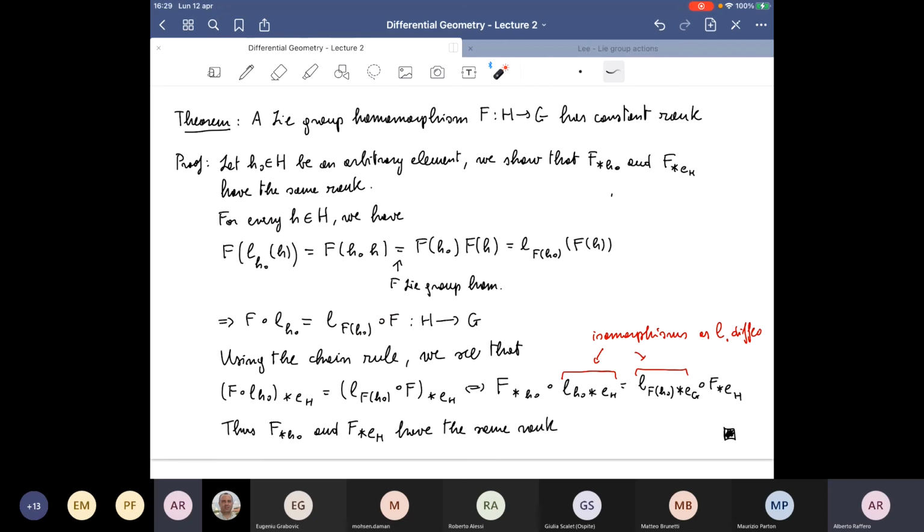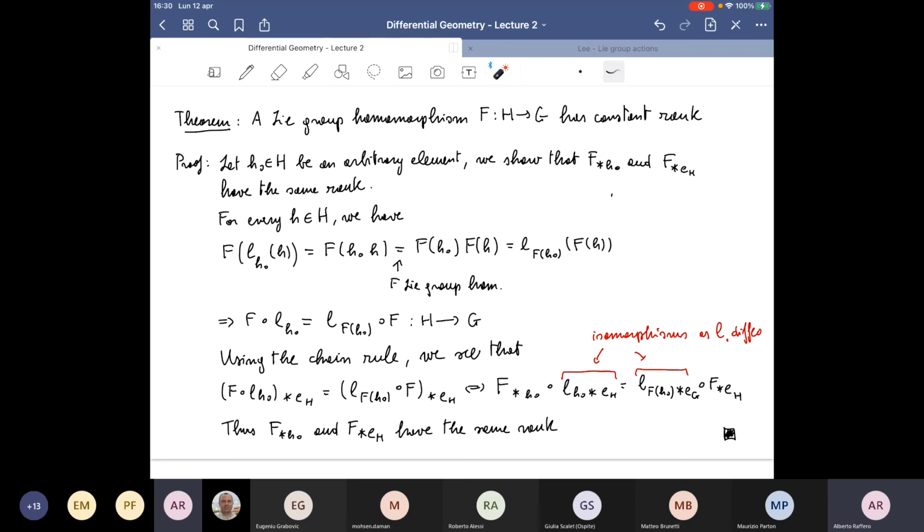Now, just take the differential of this map at the identity of H and use the chain rule you introduced last time to split it as the composition of two differentials on each side. Here we have the differentials of the left multiplication maps that are isomorphisms, because the left multiplication maps are diffeomorphisms.